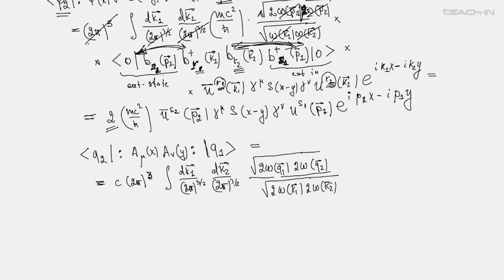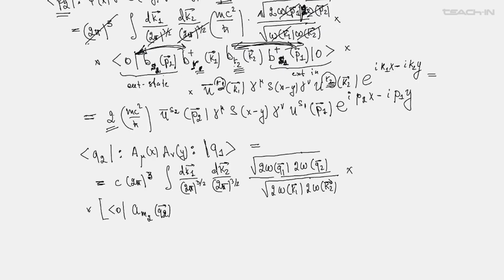And now this is multiplied by the following matrix element. So vacuum, I create the photon with polarization, say, M2 on Q2. This is the outgoing photon.